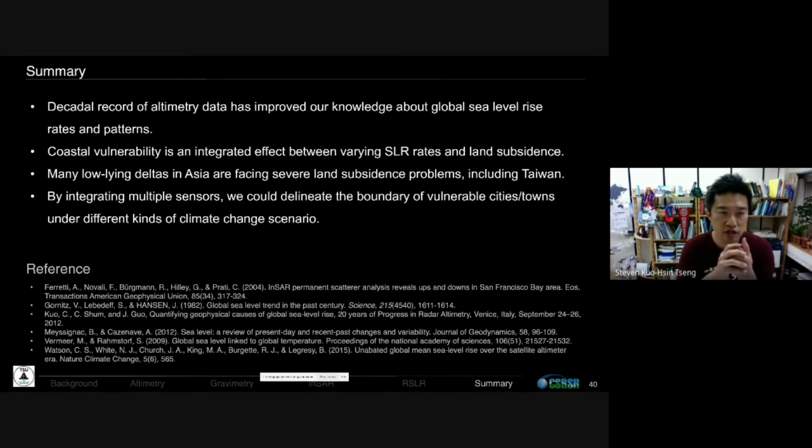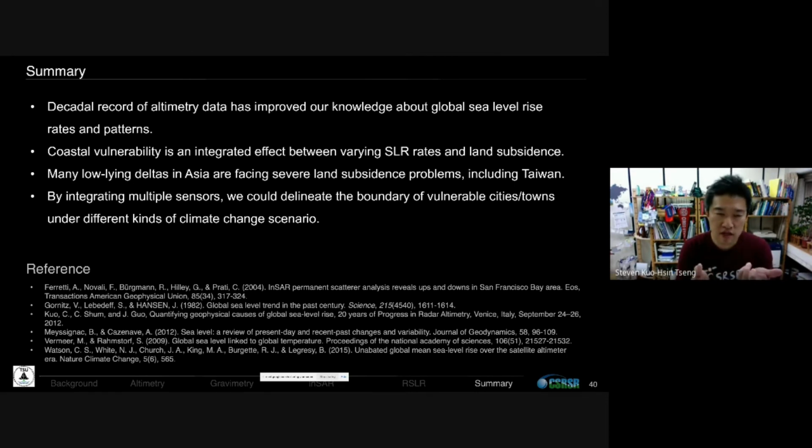The summary is here. We need a multi-decadal record of altimetry data to improve our knowledge about sea level rise, because tide gauge data is limited. Tide gauges need a lot of money and labor to maintain, and also affect the quality of the data.